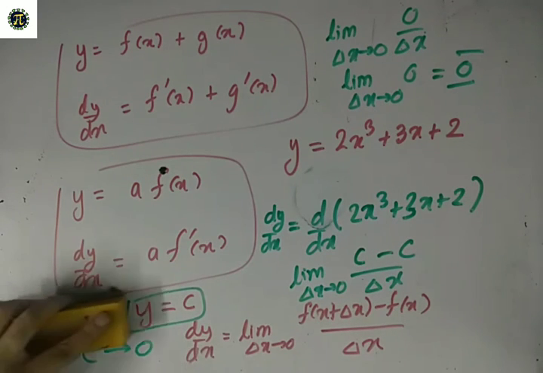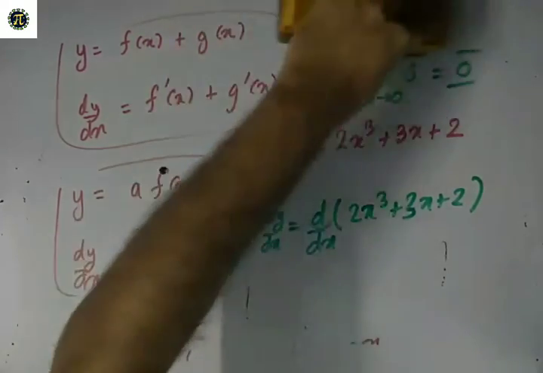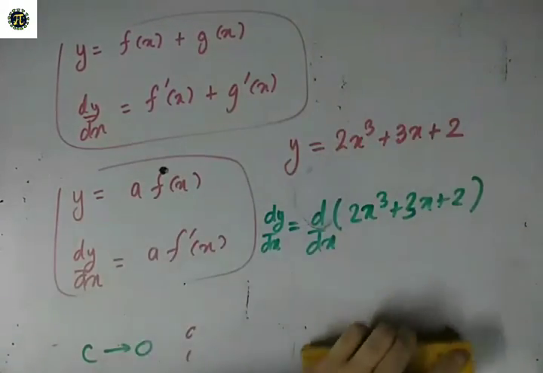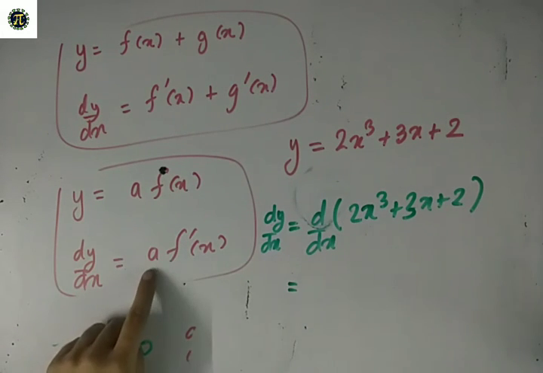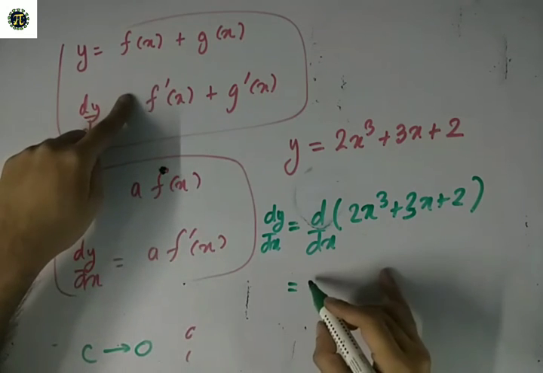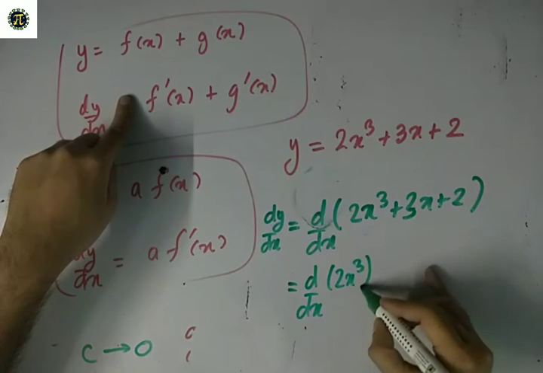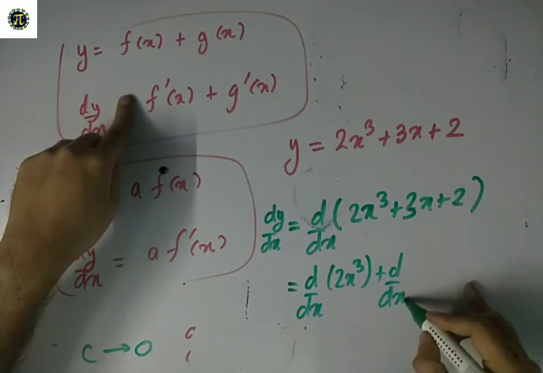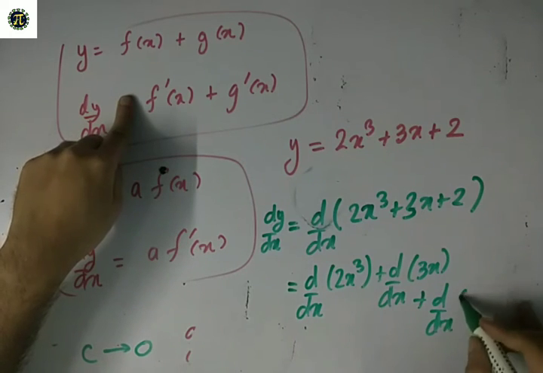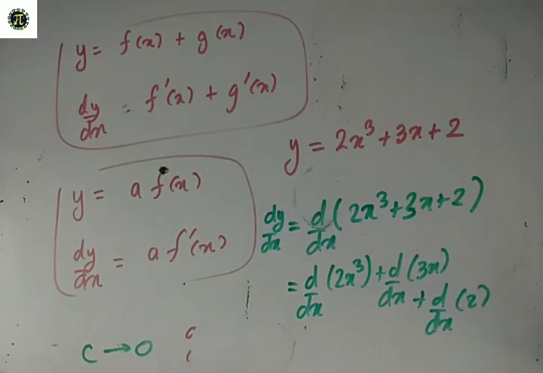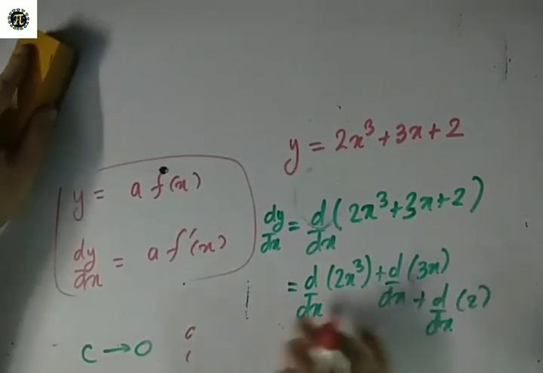So let's come back to our example. So what we have is, I can use this property. So first I can use this property. I can have d/dx of 2x cube plus d/dx of 3x plus d/dx of 2. Now I can use this property, and what I will do is bring these numbers 2 and 3 outside.